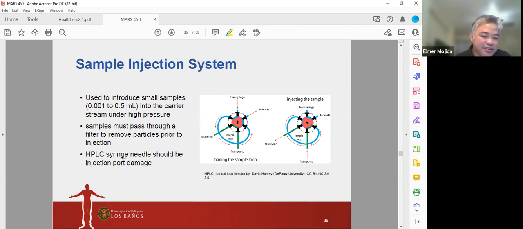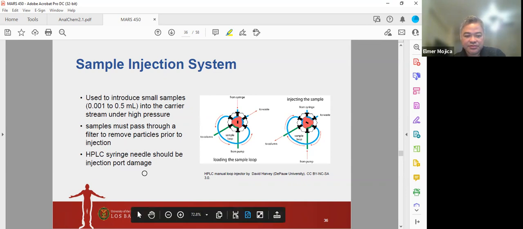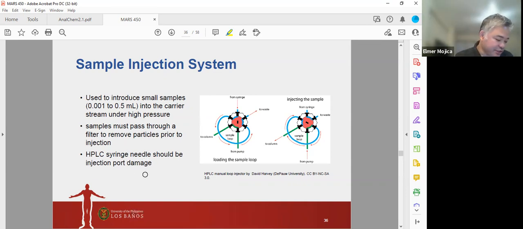So in the HPLC, we use a syringe needle, okay? The HPLC syringe needle should be checked for damage. The way that you inject your sample, usually it's not direct. If you look at the injection system, it's some sort of a loop that you have.